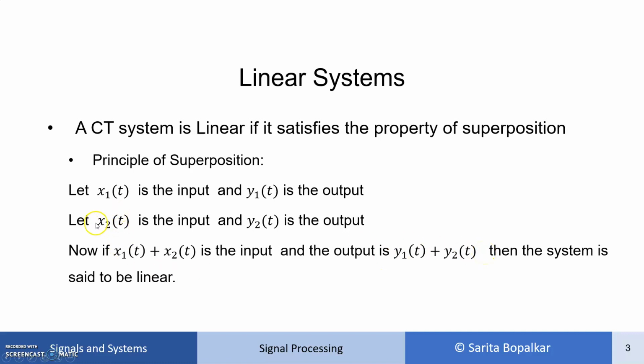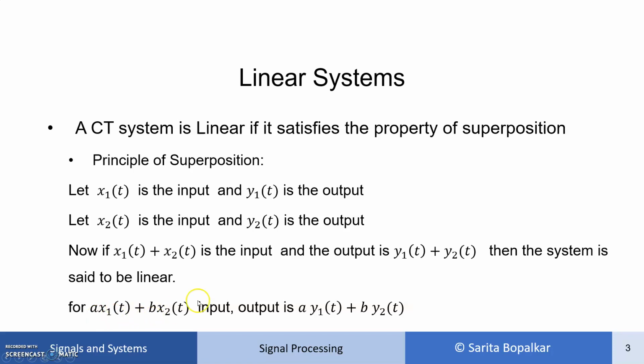That means if I take the linear summation of these two inputs, at the output I will get the linear summation of the individual outputs. This is called the superposition principle. Or if I multiply x1 by some constant a and x2 by some constant b and add them, my input to the system is a x1(t) plus b x2(t).